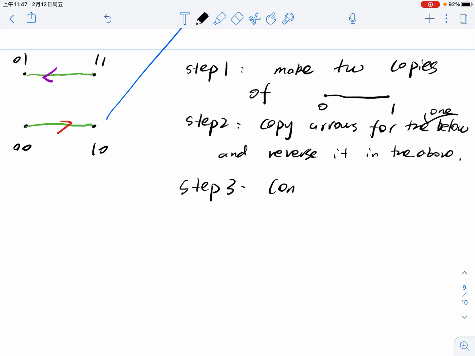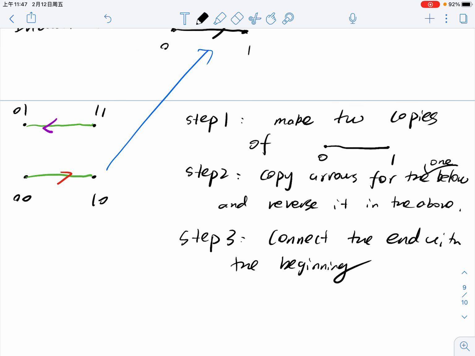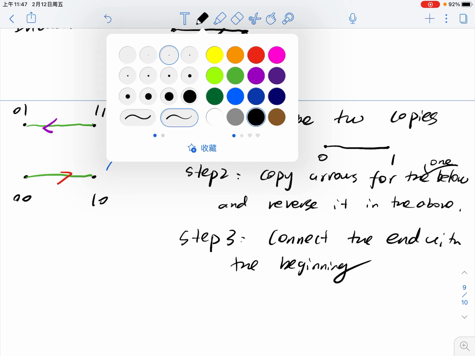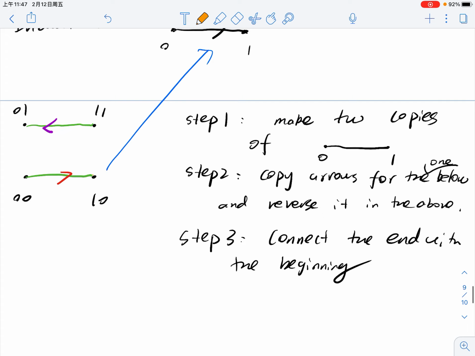So the rule to connect these two pieces is to connect the end with the beginning. Here it ends, you can treat it as the end of the above one or the below one, it doesn't matter, because later on you see you actually have a loop. Okay, so in this case, you can connect these.